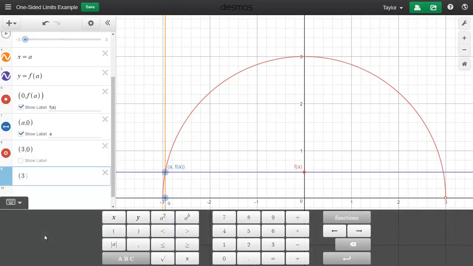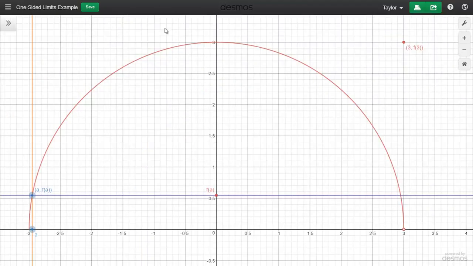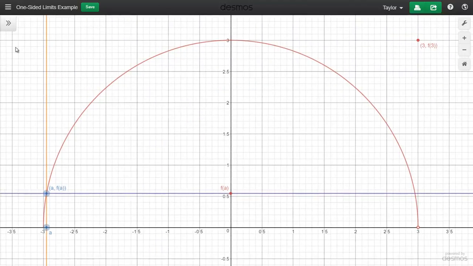Let's say f of 3 is 3, like that. Okay, and I'll label that as 3, 3. I'll call it 3, and then f of 3. Okay? So now let's say that is the situation we're dealing with.